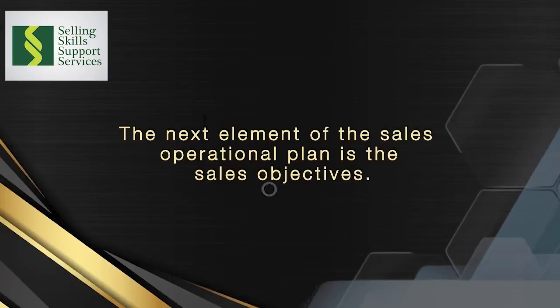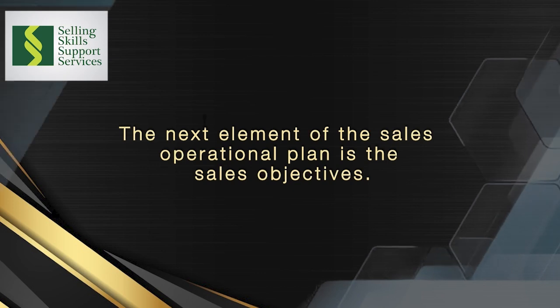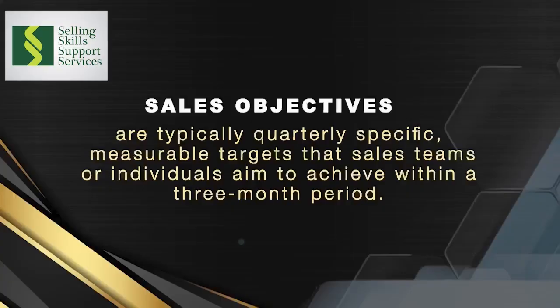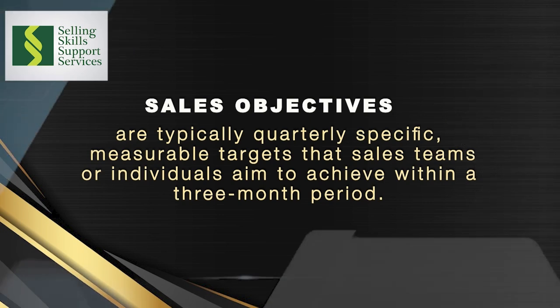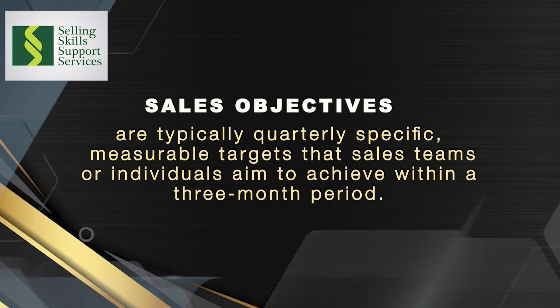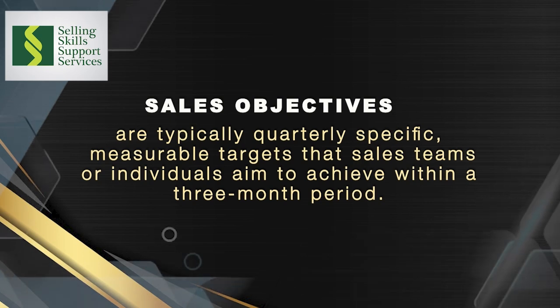The next element of a sales operational plan will be your sales objectives. So you have sales goals that are annual. Sales objectives are typically quarterly. They are those quarterly specific measurable targets that a sales team or individual aims to achieve within a 3-month period. That's your quarter.